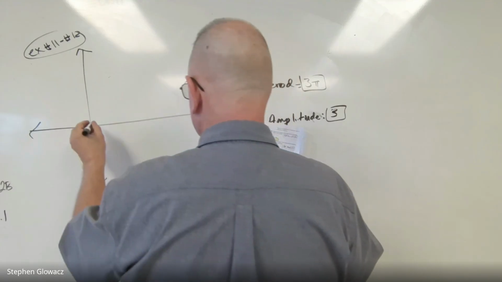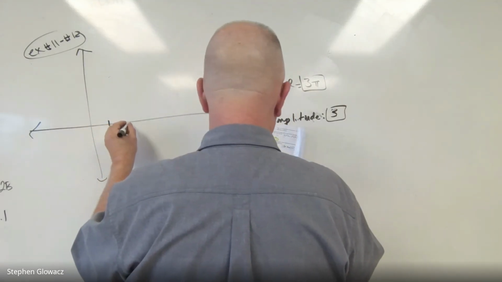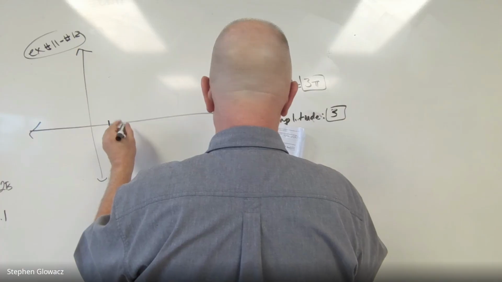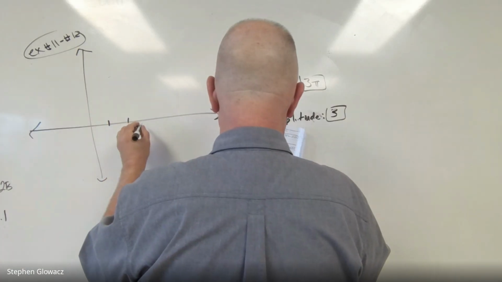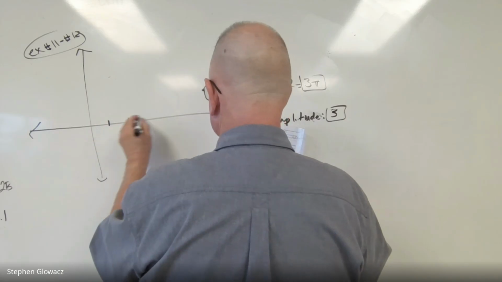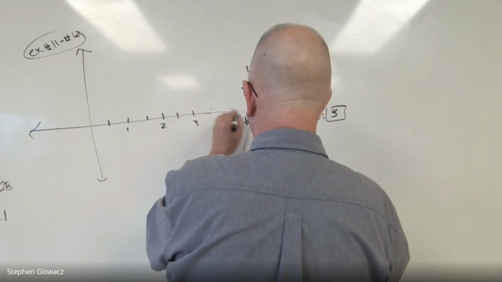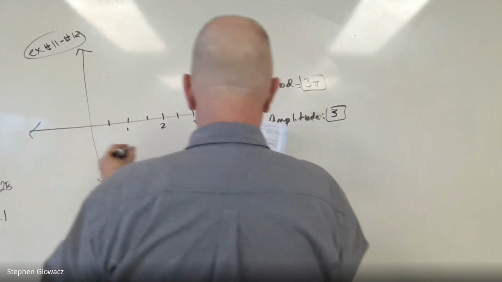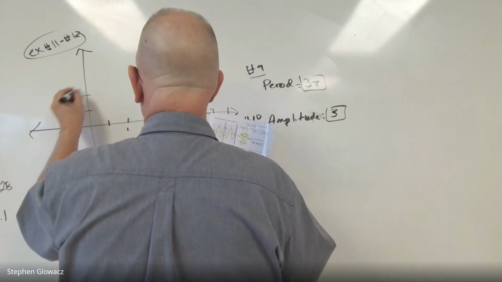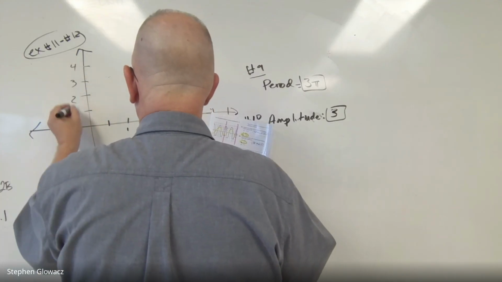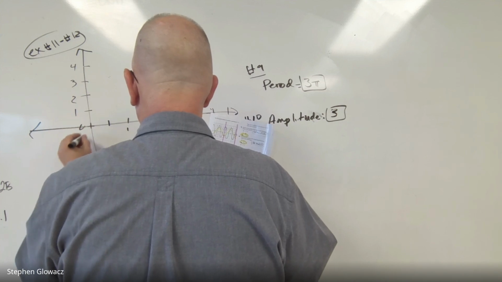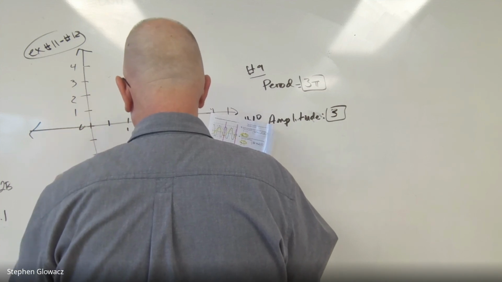And we're going to number this a little bit differently here. 1, 2, 3, we'll just extend that a little bit and go to 4. And we're going to go 1, 2, 3, 4. That's 0. And then 1, 2, 3, 4.